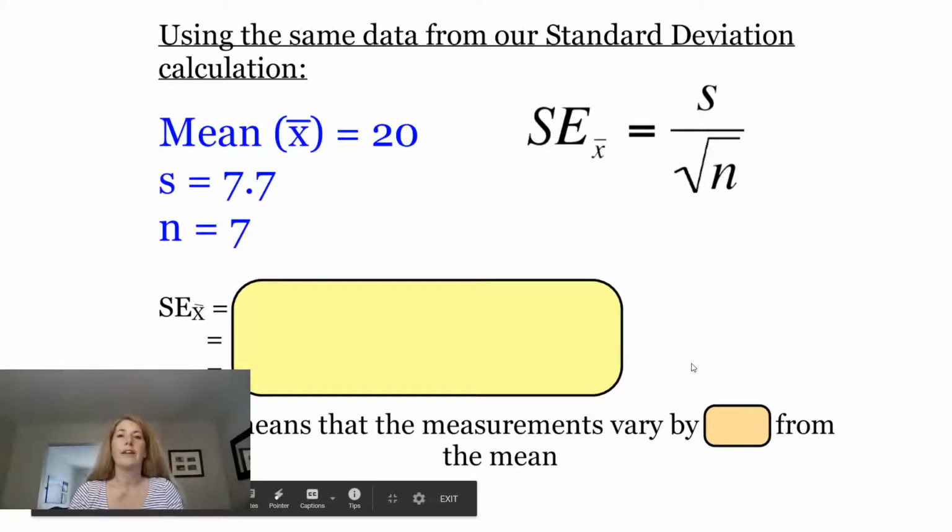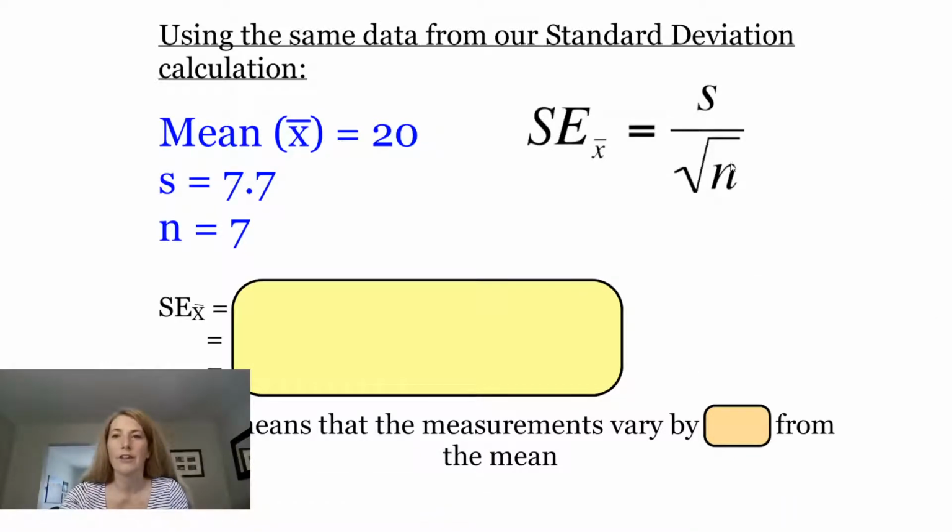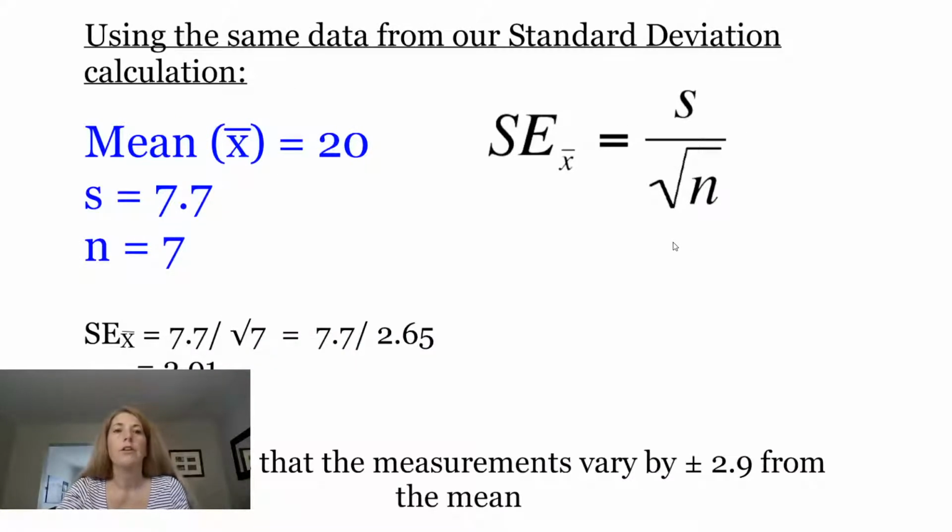To calculate it, all I do is take the standard deviation that I already calculated, and I divide it by the square root of how many samples I took. So the more samples I take, the smaller my error will be. The more variation I have, the larger my error will be. If my average is 20, my standard deviation is 7.7 and the number here is 7, I don't even need the average.